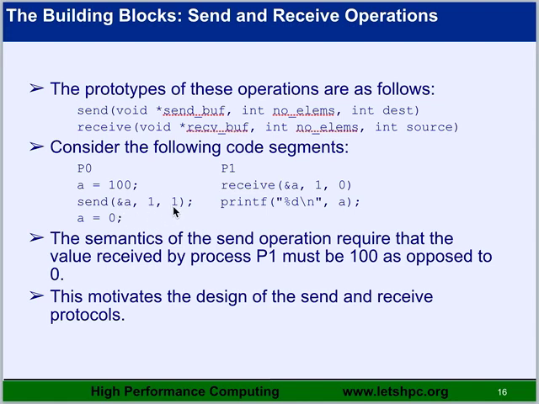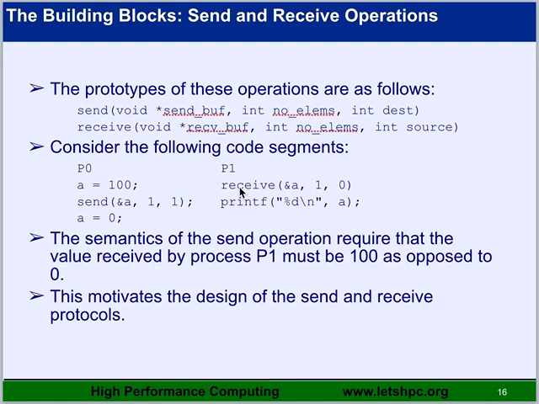So you can see 1 here, and then once this is completed, process 0 will change the value of a from 100 to 0. Now process 1 is supposed to receive this data. So if you look at the step by step process sequentially, process 1 should actually get a equal to 100.